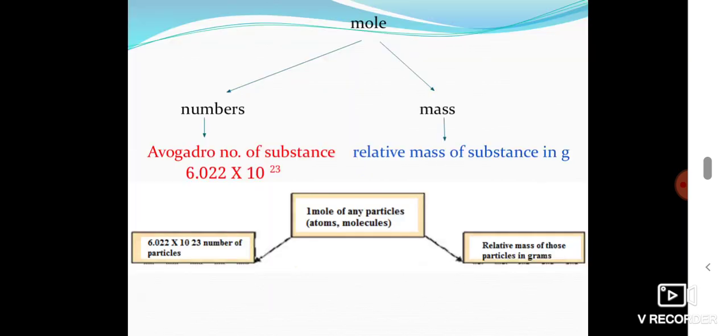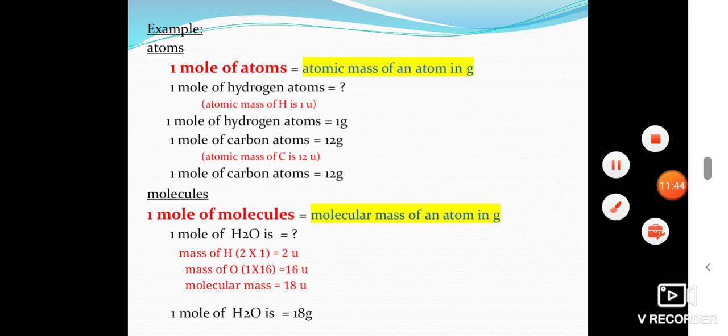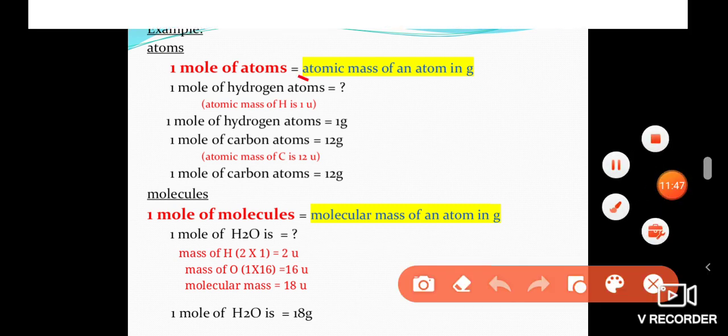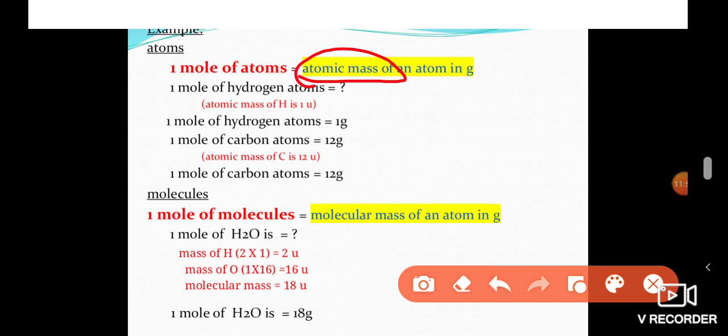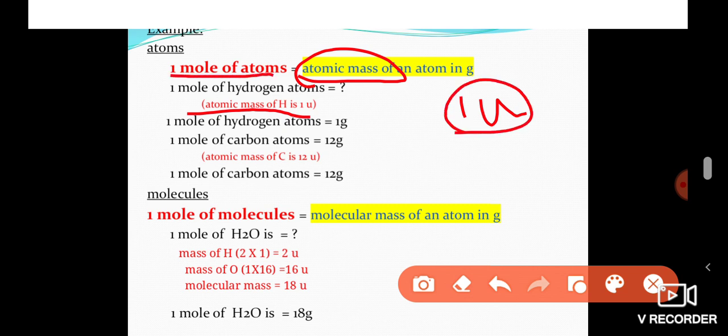We know the atomic mass for hydrogen is 1 U. So 1 mole of atoms is equal to the atomic mass. But here it is expressed in what? In grams. Instead of U, we mention grams. So 1 mole of hydrogen atoms is equal to 1 gram.